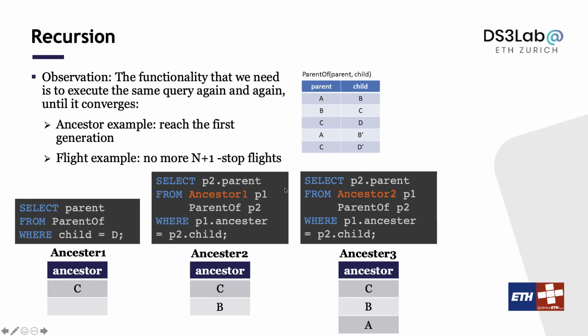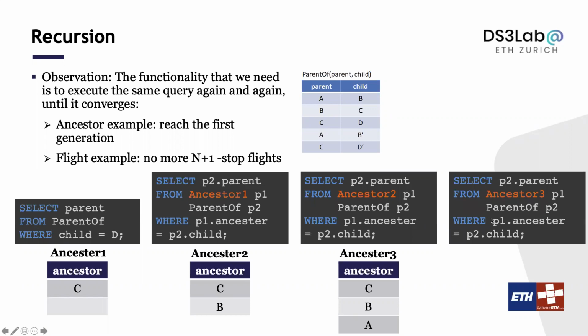So if you look at the second query and the third query, they are very, very similar. The only difference is in the second query, I take as input the output of the first query, and in the third query, I take as input the output of the second query, right? Other than that, these are exactly the same queries.